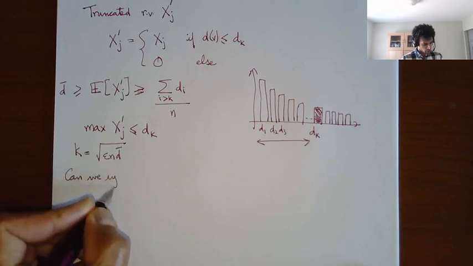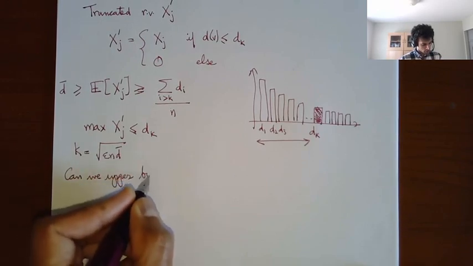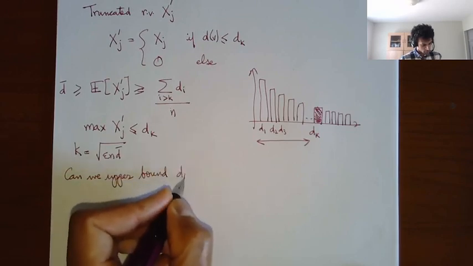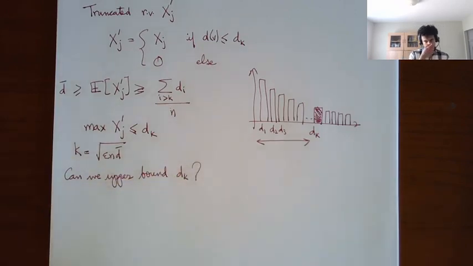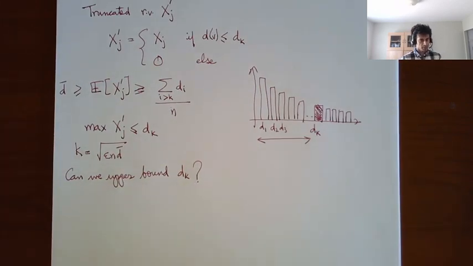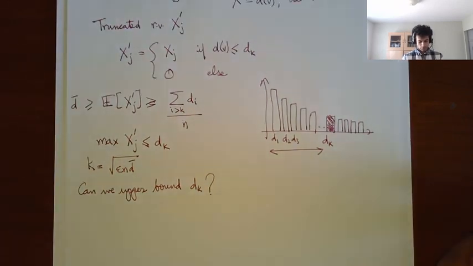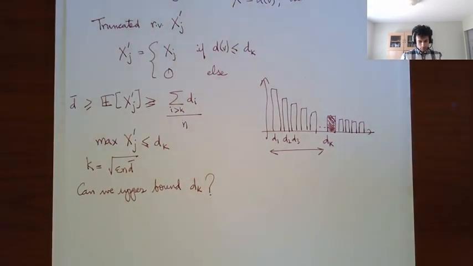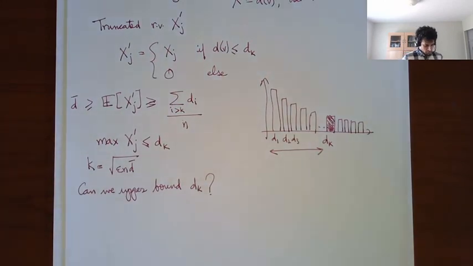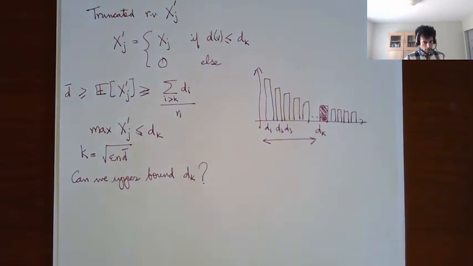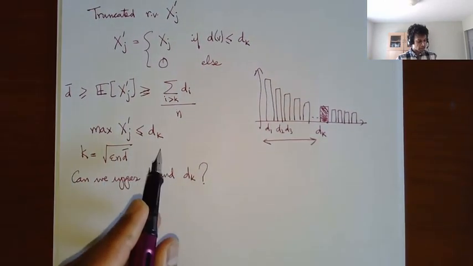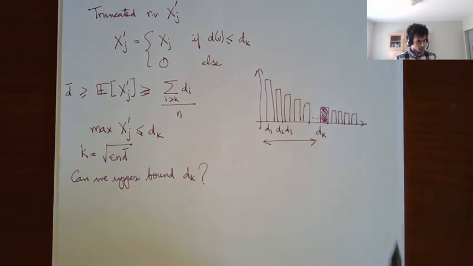Can we upper bound dk? Can you upper bound dk? How many entries have value at least dk? k.